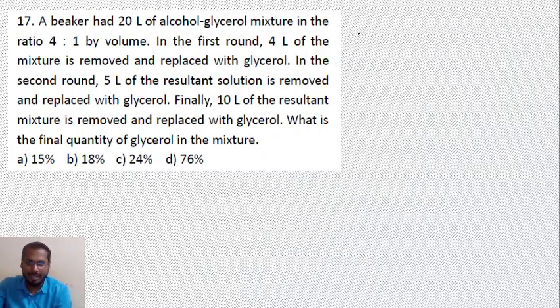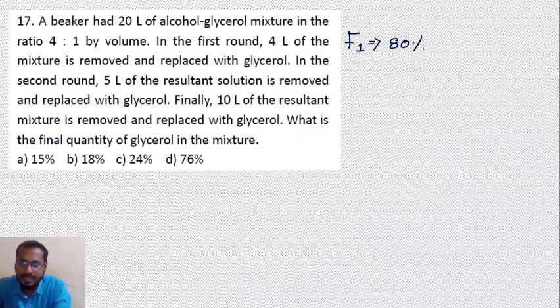So let's take the final concentration, F1. F1 is out of 20 liters, 4:1 is the ratio. In that, I'm going to take the first round, 4 liters of mixture removed and replaced with glycerol. So how can we write?